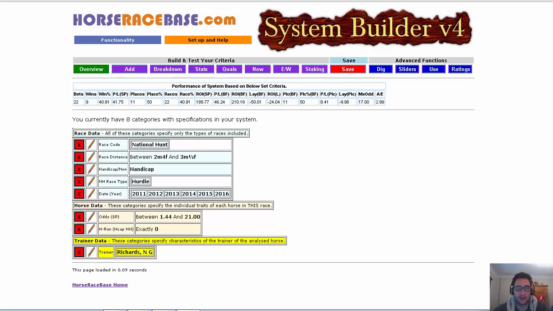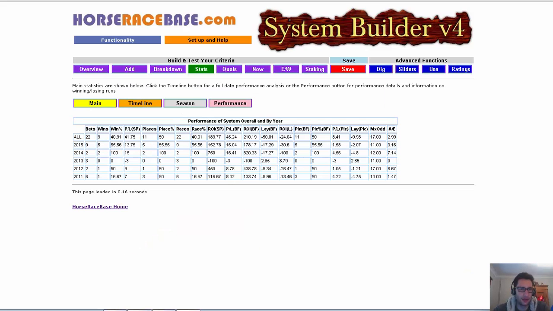Return on investment 190% at SP. So the last 2 years, 7 from 11. Yeah, that's pretty good going. So immediately you can see his handicap hurdlers, 20 furlongs or further.